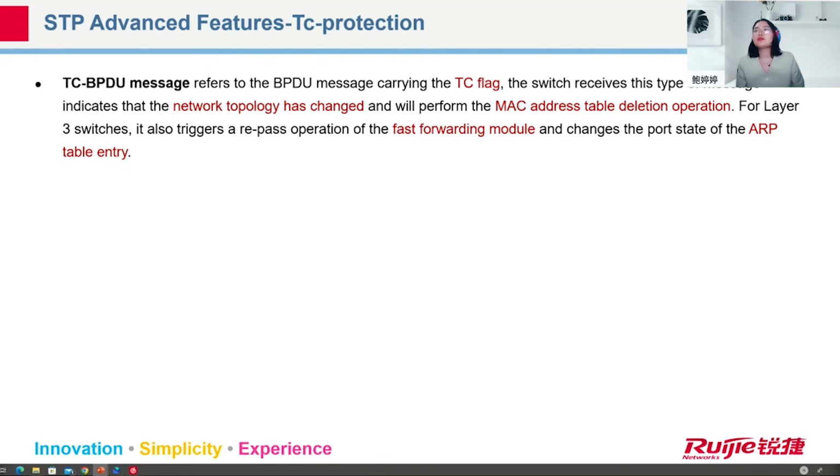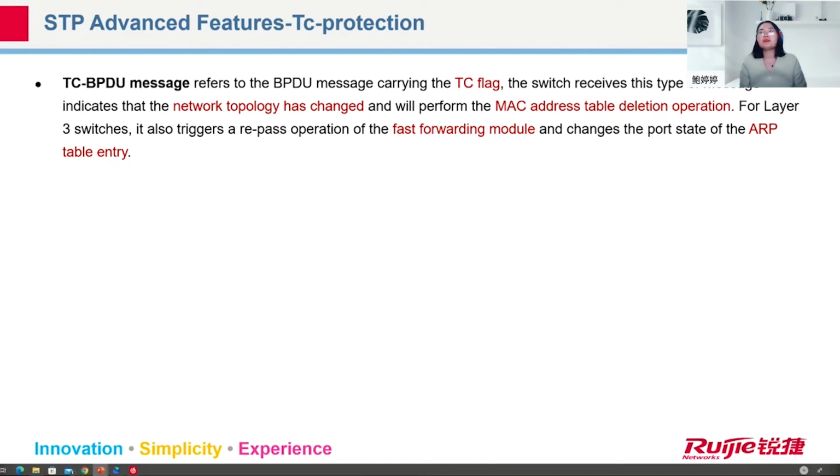And the second function is when a normal link is broken, we need a technology to immediately tell everyone that a link is broken, and we have to do the convergence again, reconvergence. Also, we need to let everyone know to refresh their MAC address table, because the MAC address table is wrong after the normal link fails.